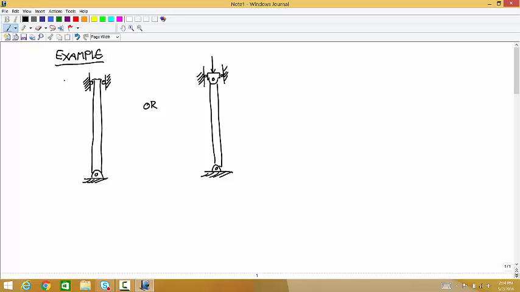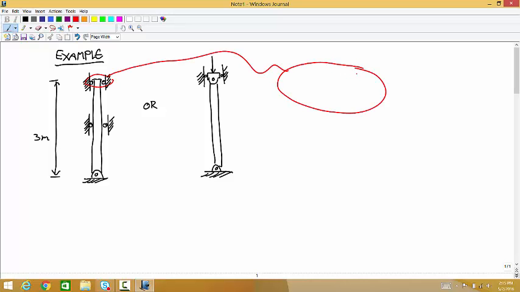And let's say that it's 3 meters long. And there are also supports in the middle. It has a rectangular cross section. The cross section looks like this.